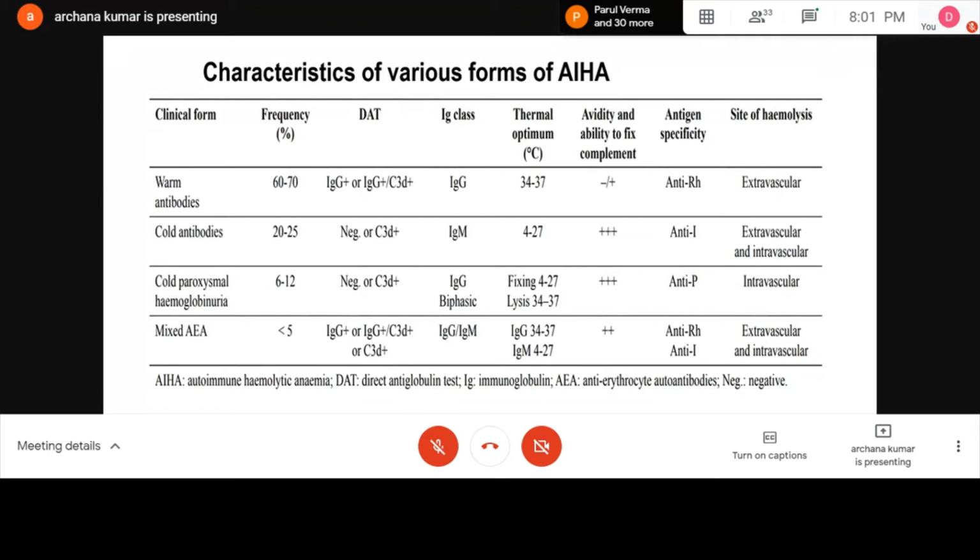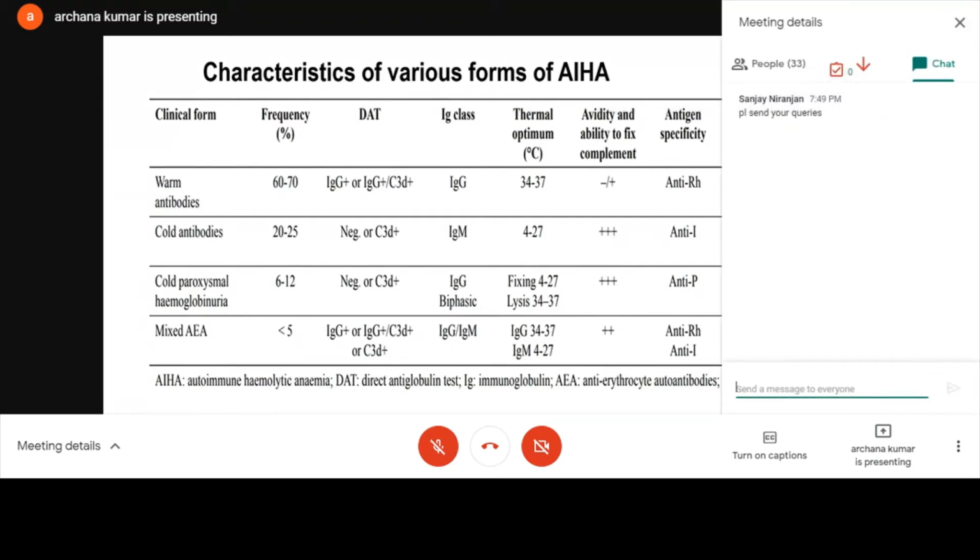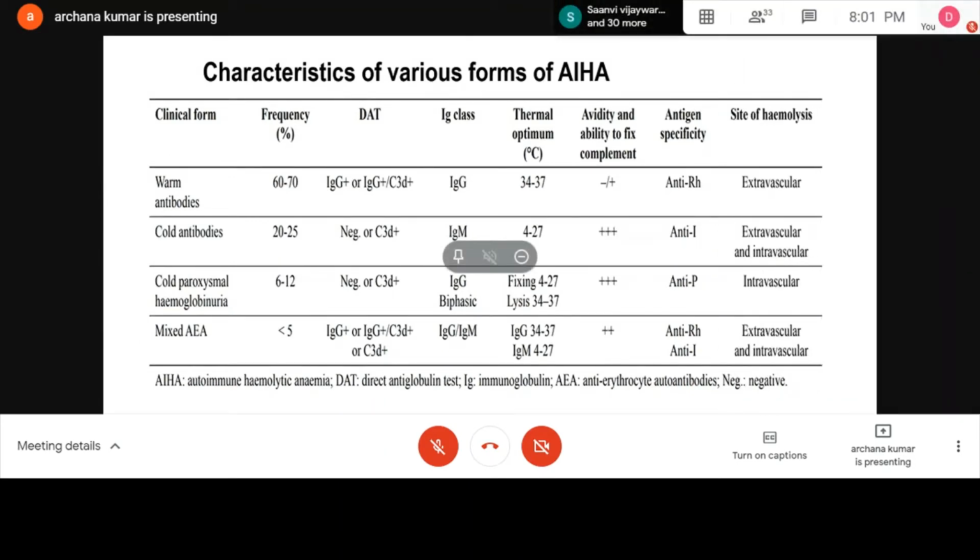Paroxysmal cold hemoglobinuria is only very little, about 6 to 12%. These are again negative for IgG, but they could be C3 positive. The antibody is biphasic, fixing at 4 to 7 degrees and lysing at 34 to 37 degrees, which means that in a cold atmosphere, the antibodies tend to get fixed and there could be acrocyanosis at that time.